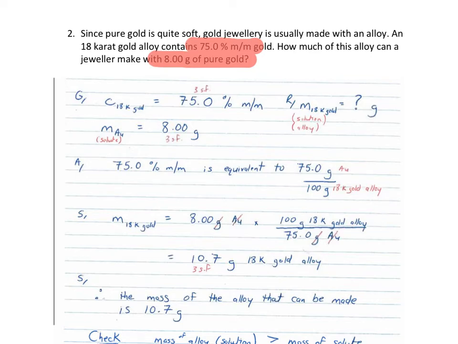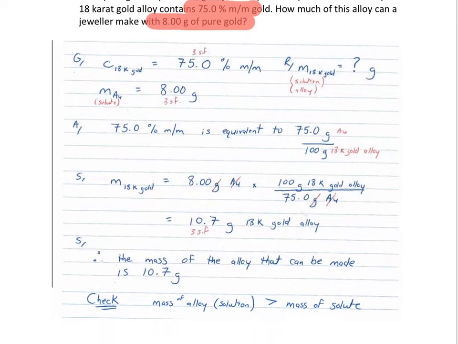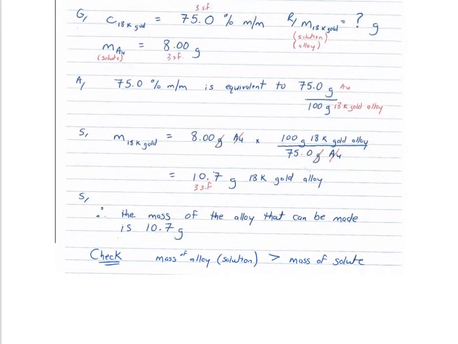So I arrange my values so that the grams of gold right here and the grams of gold right here are in numerator and denominator and cancel out. Then I take care of my numbers by multiplying the 8 by 100 and dividing by 75, which gives me the 10.7 grams. That value is listed to 3 significant figures.